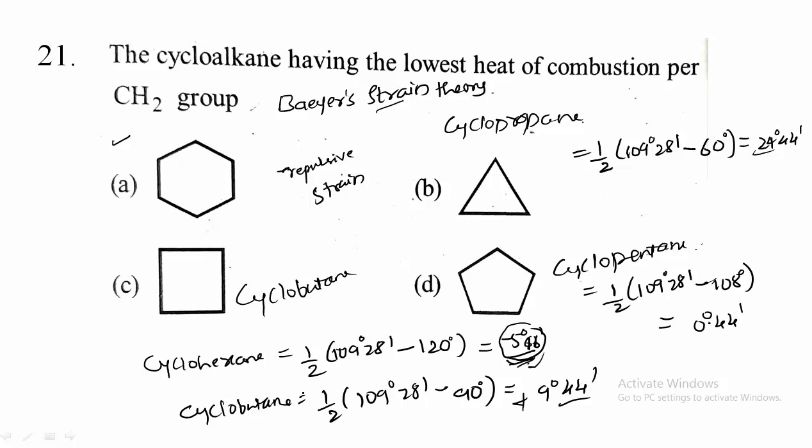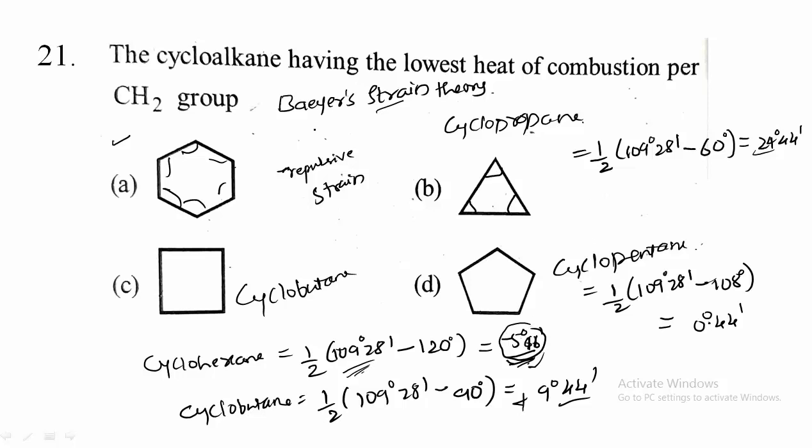So remember, to find the angle of deviation, you have to take half into 109 degree 28 minutes minus the angle in that cyclic structure. If you know that, you can easily calculate the angle of deviation.